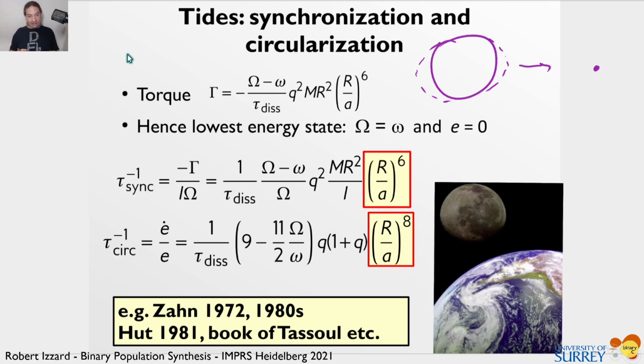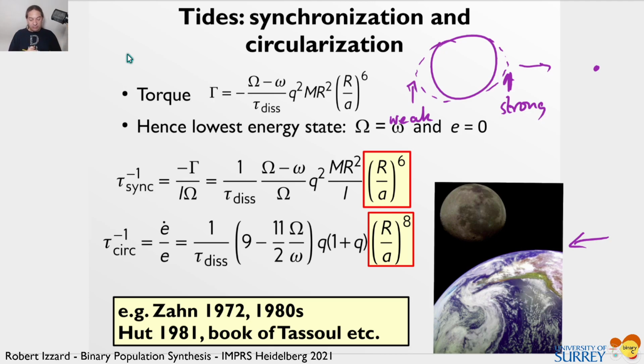And the reason for that is that gravity is not constant across the star. The gravity is strongest here and weakest here because it's further away. And so you have this gradient of the gravitational force, or the gravitational acceleration, that gives you these bulges. We see that on Earth, right? We see the tides on Earth. That's exactly what they are. Partly caused by the moon, partly caused by the sun. But we see exactly that.